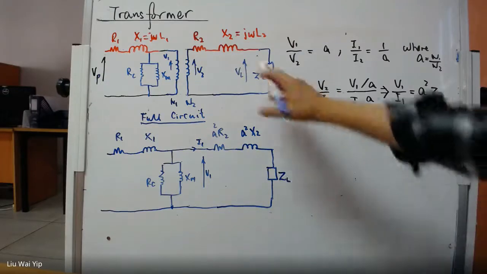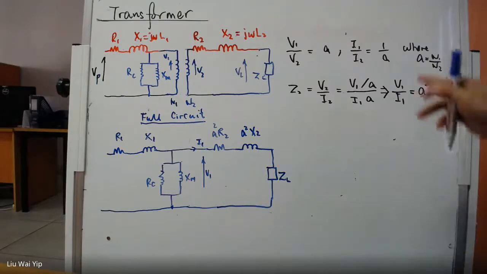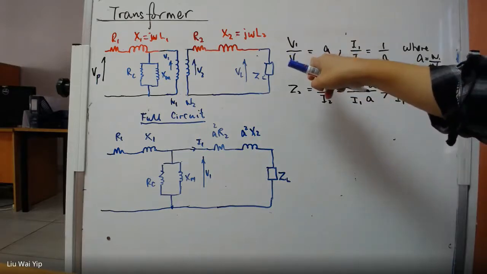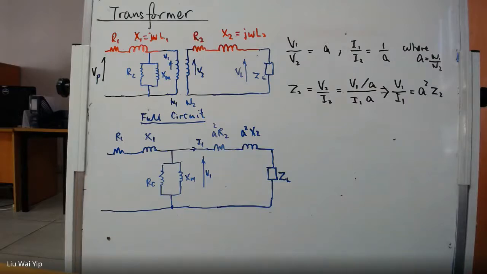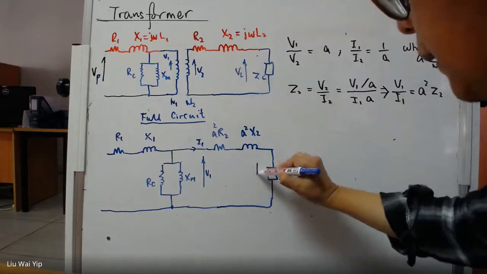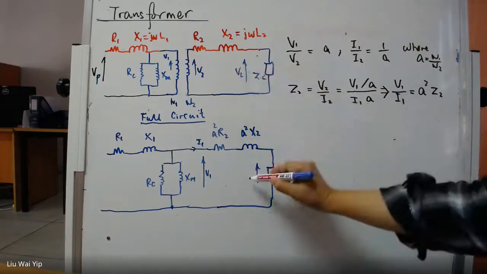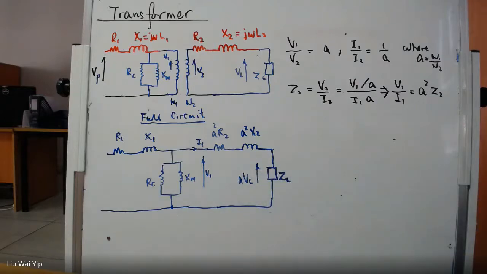Now, if the voltage here is VL, then we also need to convert it to the primary side, like what we have here. The voltage has to be multiplied by A. So the voltage here is not VL, instead it is A VL. So this is the way we come up with the equivalent circuit.